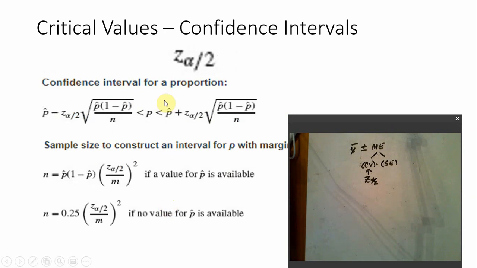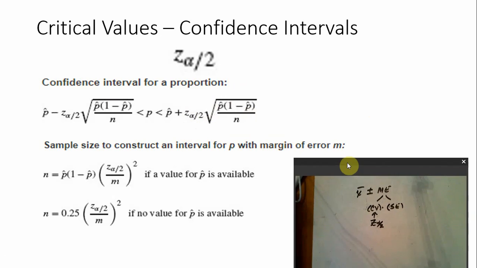Here's another confidence interval, for proportion. It also shows up using Z alpha over 2, P hat times 1 minus P hat over n. This is the standard error piece of it. And here's the Z alpha over 2. That's the critical value that we're using. Notice that this is given with this formula.